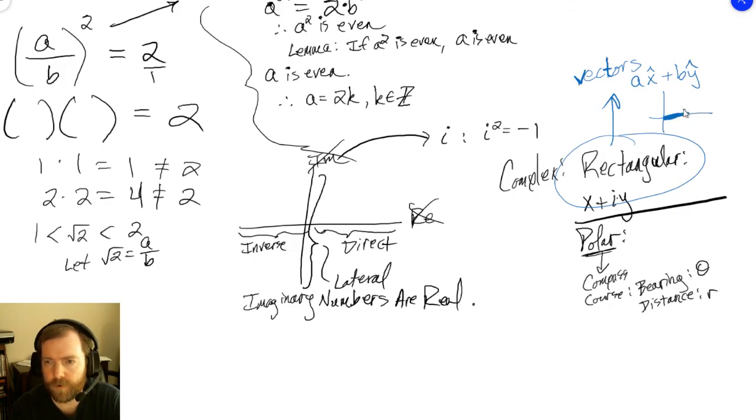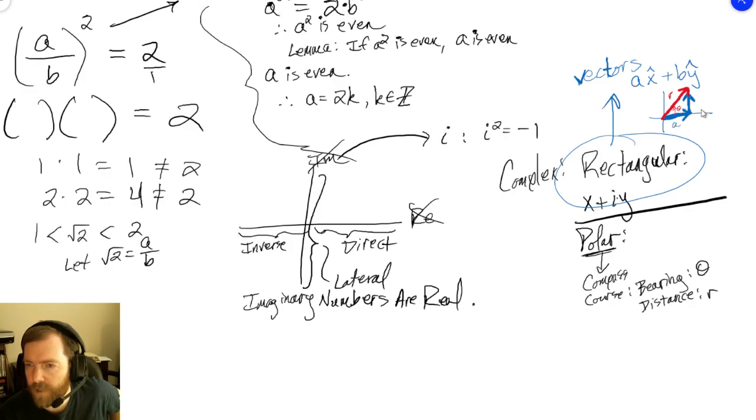So we go over this way and that way, tip to tail, in order to make a vector, which itself has a radius and an angle from 0. Or you could think of it as A in the x direction and B in the y direction, as long as they are an affine coordinate system.